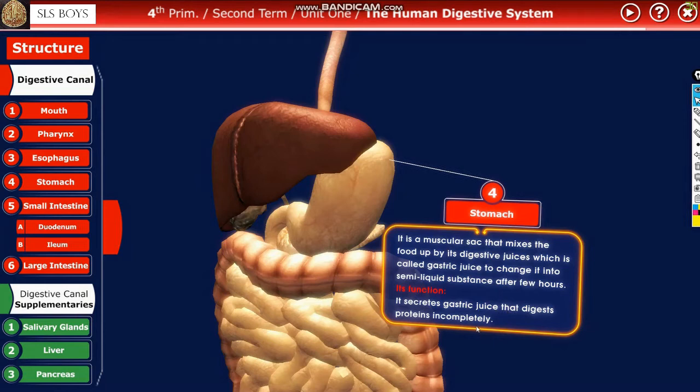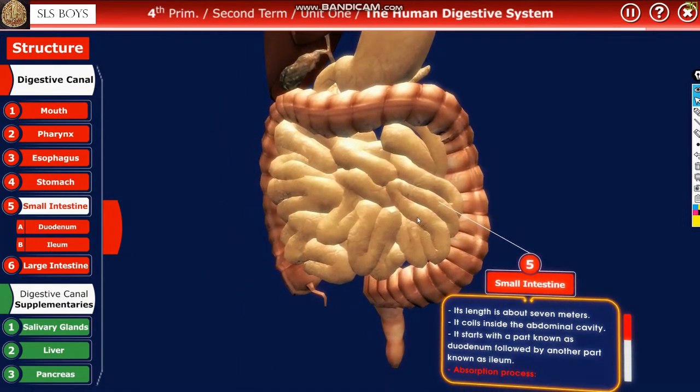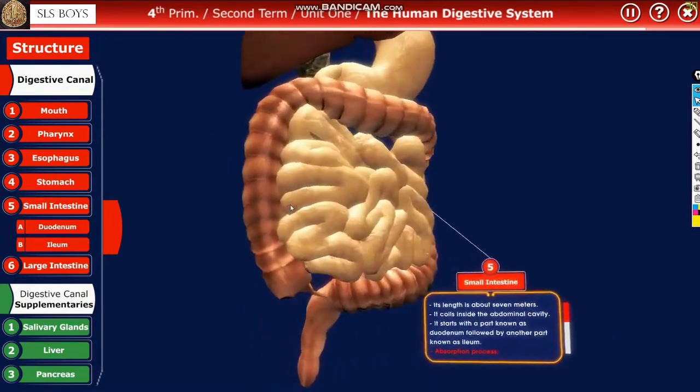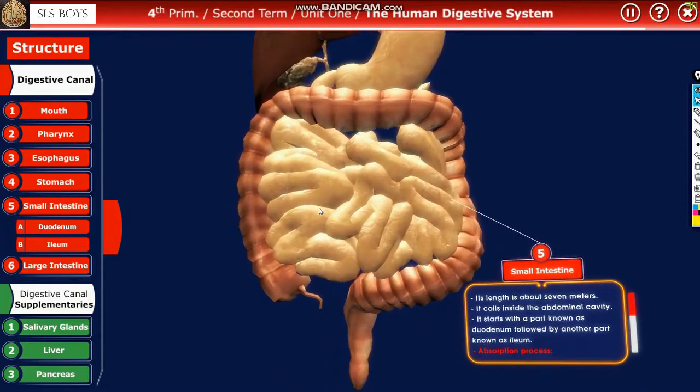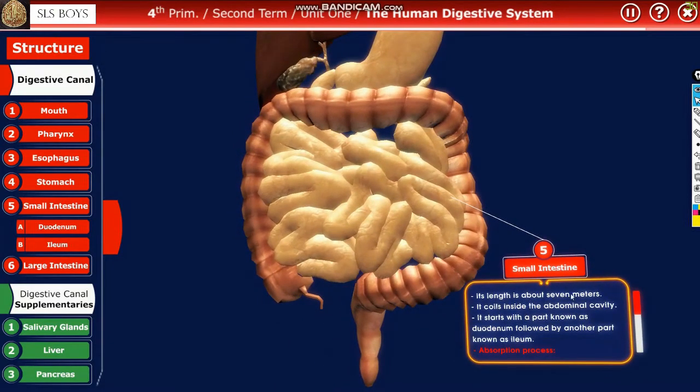So it's a sac-like muscular organ. Next and most importantly is our small intestine. As you can see in the video, that is how it looks. Its length is about 7 meters. It coils inside the abdominal cavity. And it starts with a part known as the duodenum, followed by another part called the ileum.